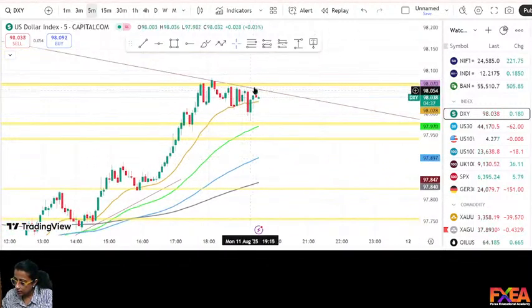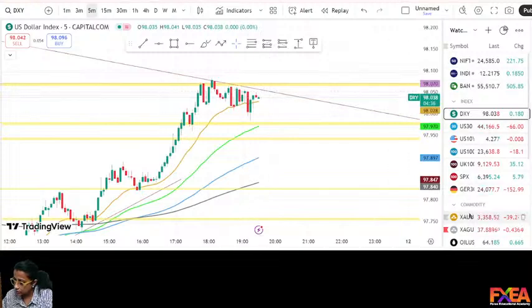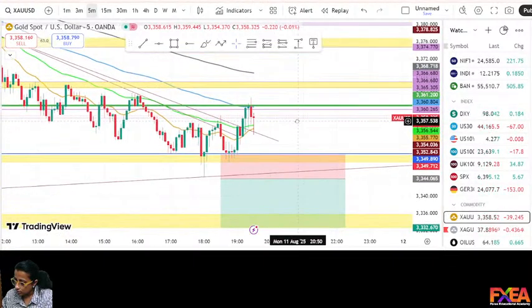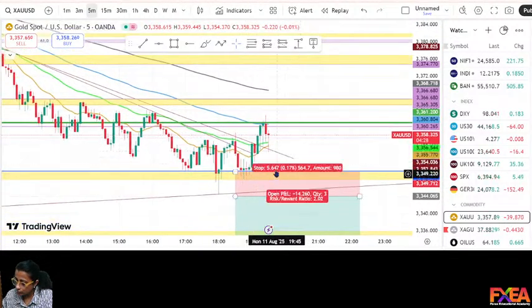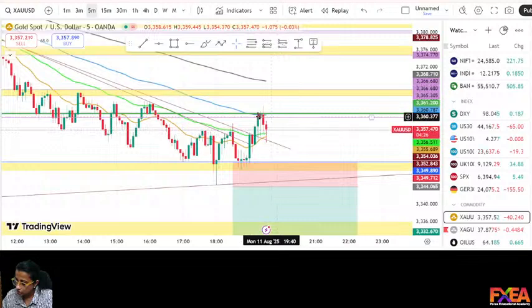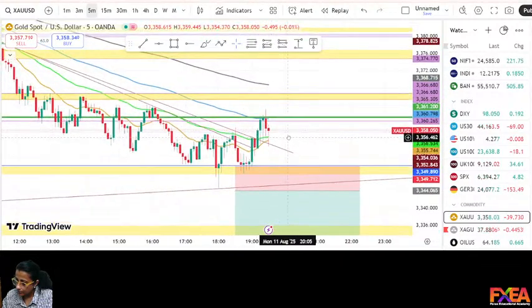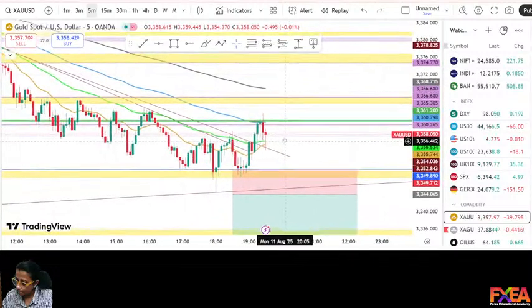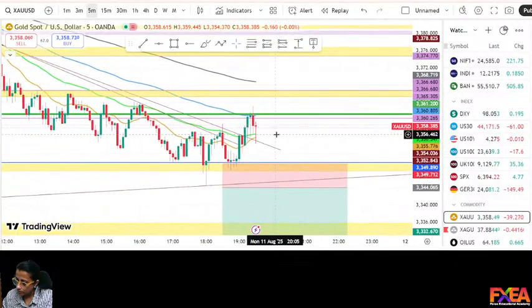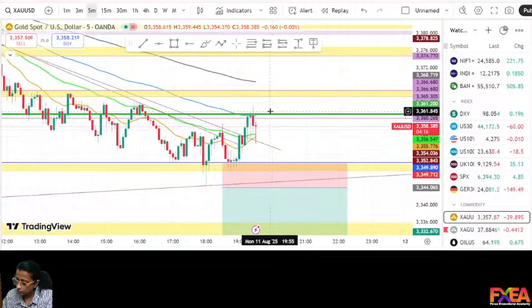So DXY is near the trend line, and gold, if it is going bullish or bearish. If at all gold crosses this level upwards, I will cut the trade.